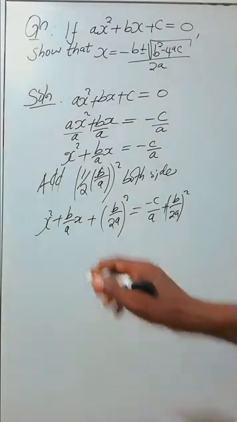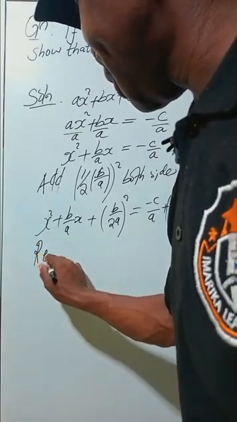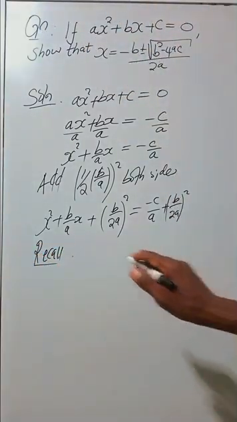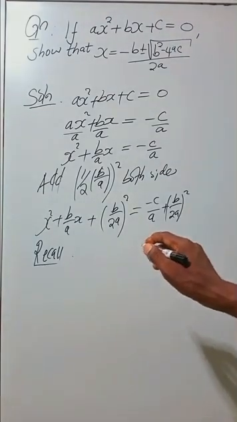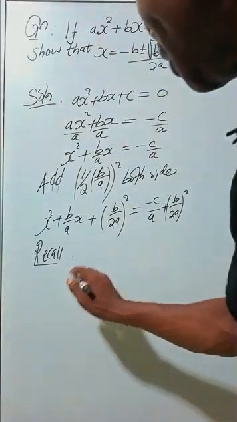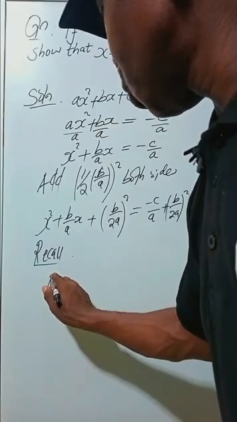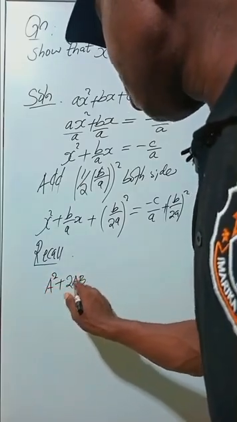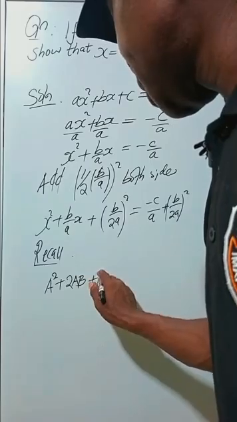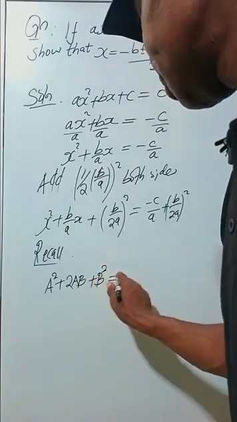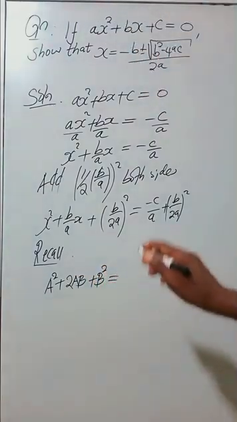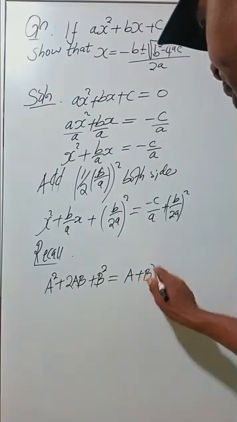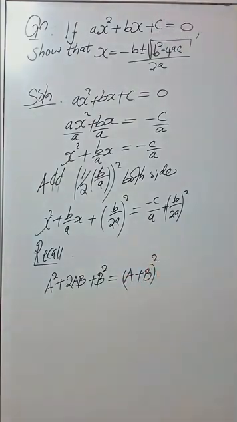How does the perfect square look like? Maybe in case you have forgotten, this is how it looks like. If I have capital A squared plus 2AB, then plus B squared, this one is the same as writing A plus B, into bracket, squared.